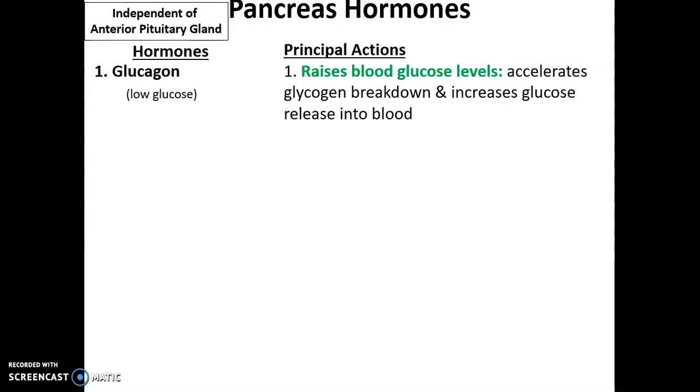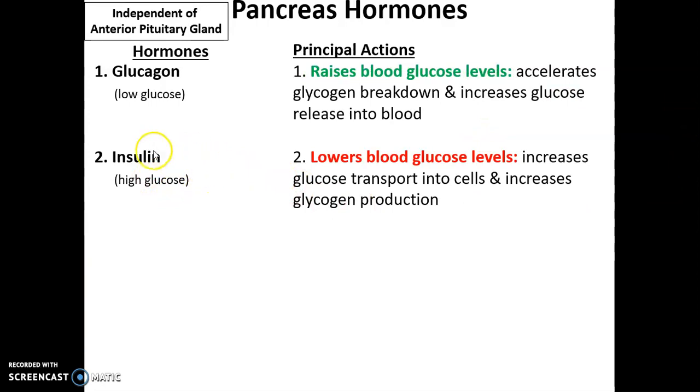Glycogen is made up of long chains of glucose molecules, thousands and thousands of glucose molecules per glycogen. So it accelerates the breakdown of glycogen and then increases glucose release into the bloodstream, since now there's more glucose that the cells can release.